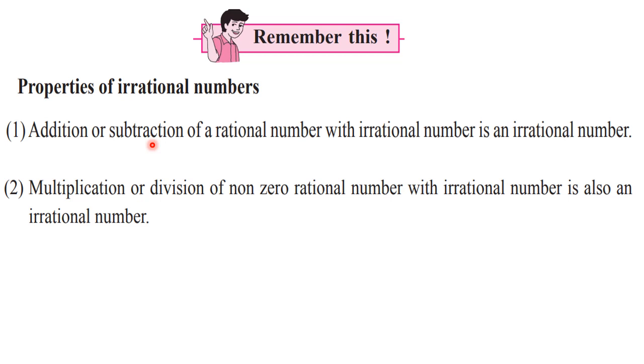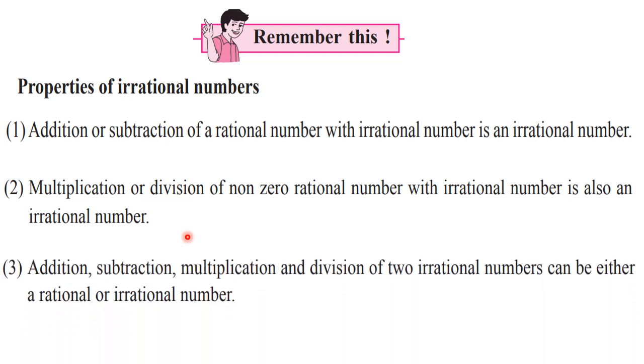The second point is that multiplication or division of a non-zero rational number with an irrational number is also irrational. Whether it is addition, subtraction, multiplication or division, one rational and other irrational gives an irrational answer. But this is not true in case of both irrational numbers. That is why the third important point is that addition, subtraction, multiplication or division of two irrational numbers can be rational or it can be irrational.